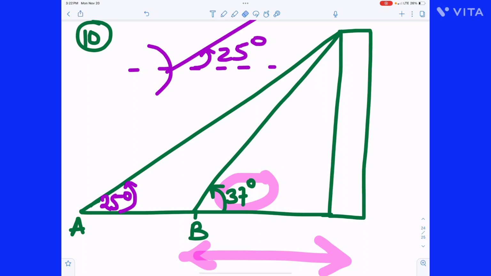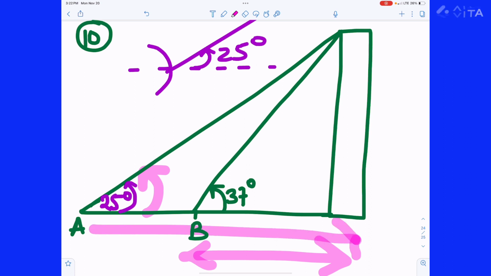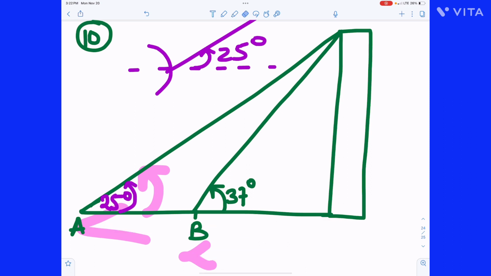That's what tells us that an angle of elevation of 25 will be much farther from the building than an angle of elevation of 37.